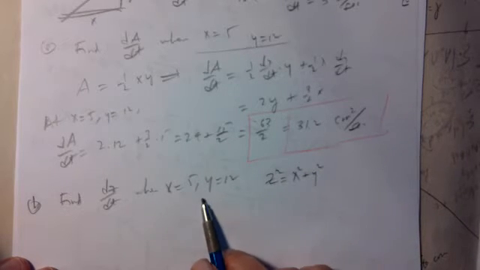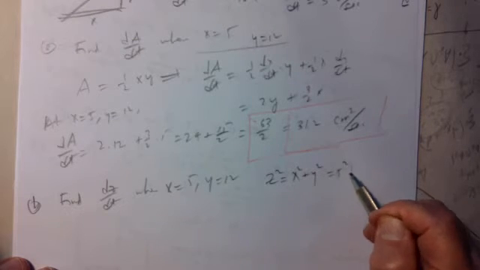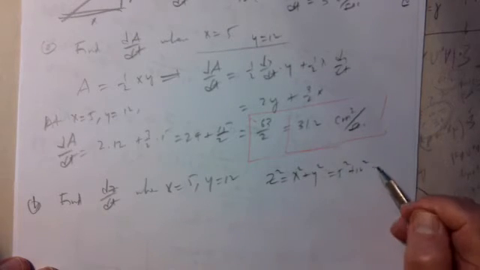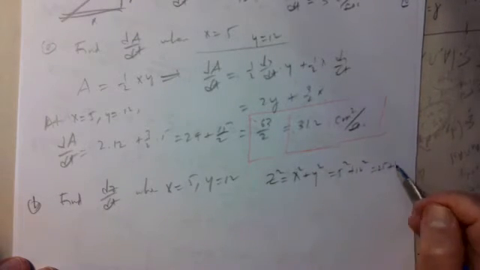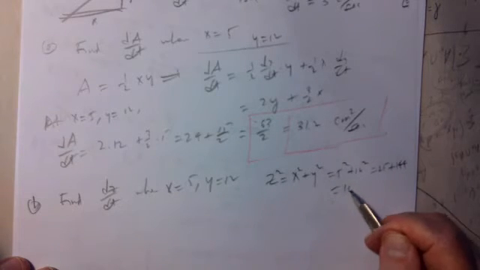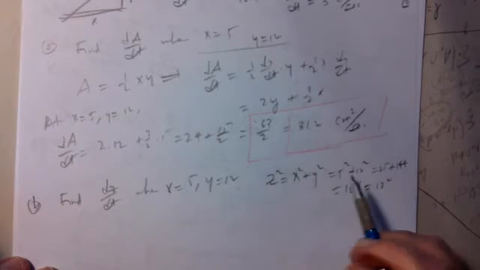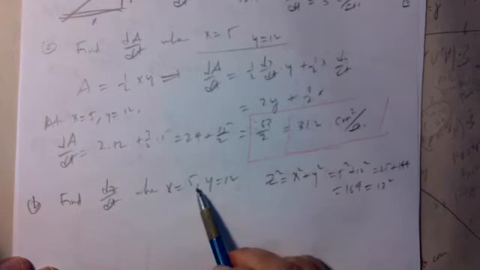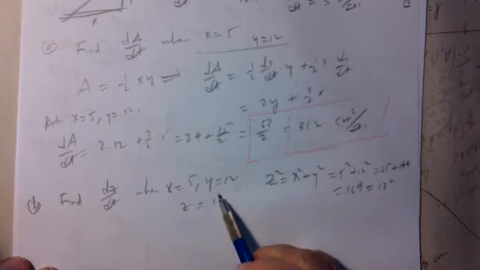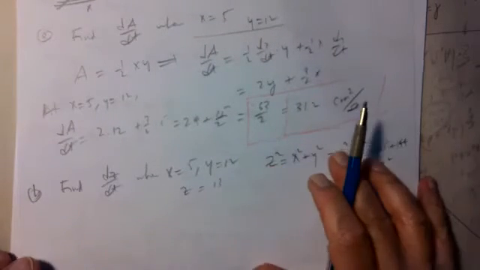And when x is 5 and y is 12, that's 5 squared plus 12 squared. That's 25 plus 144. That's 169, which is 13 squared. So when x is 5 and y is 12, z is 13.